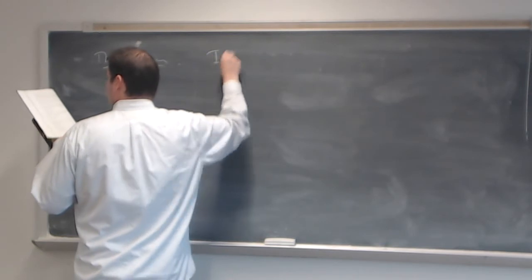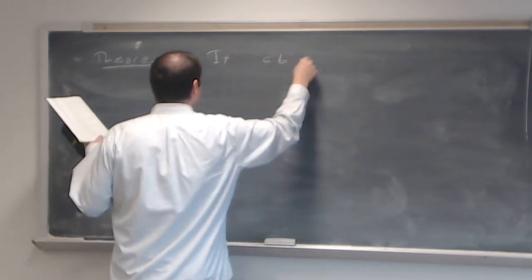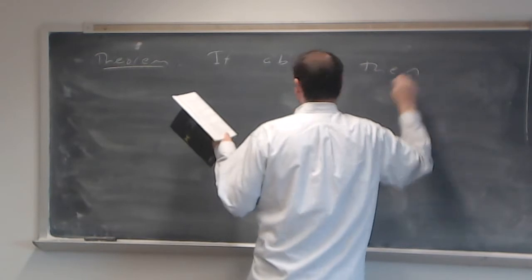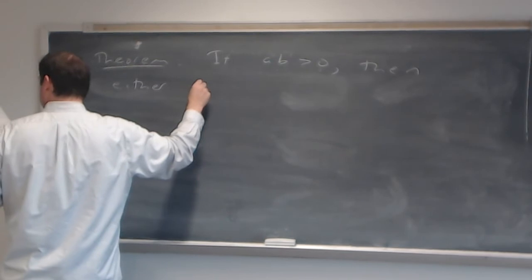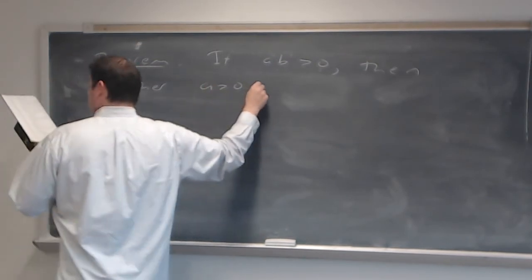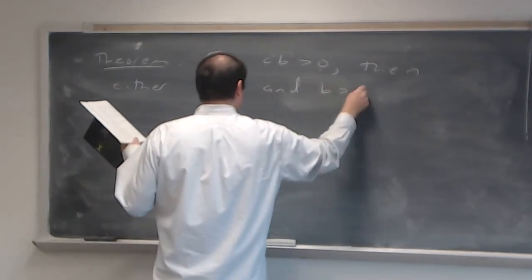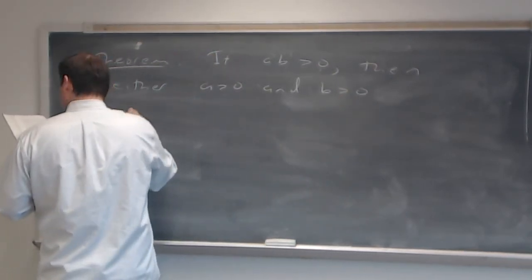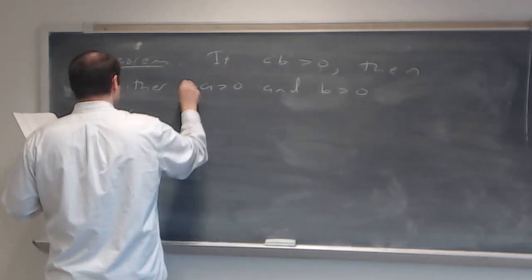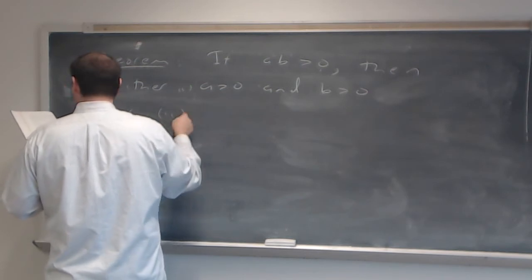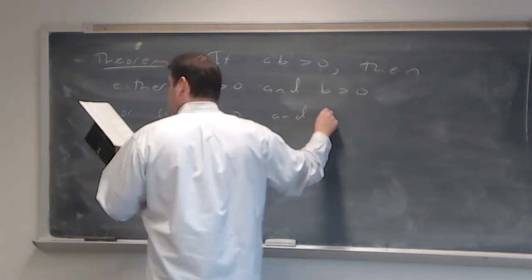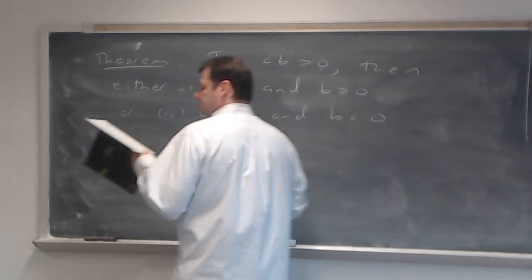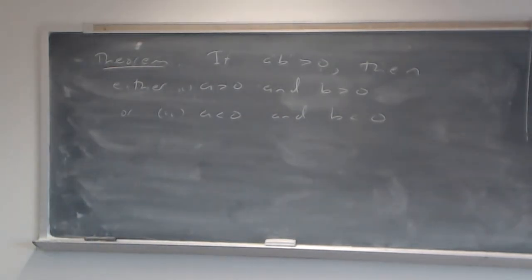It says if a times b is greater than 0, then either 1, a is greater than 0 and b is greater than 0, or 2, a is less than 0 and b is less than 0. I'm going to do this by cases based on that.